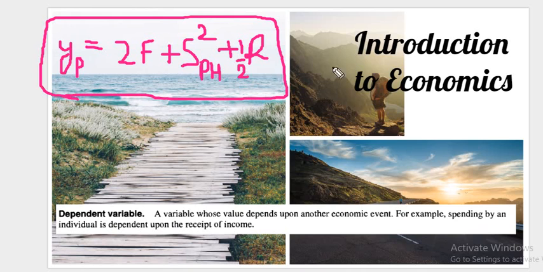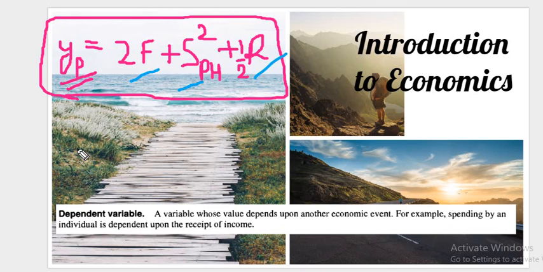Again, in this equation, Y is the dependent variable. A variable, let's read the definition, a variable whose value depends upon another economic event. So in this case, another economic event would be the amount of rainfall, the amount of fertilizers, the kind of soil fertility. For example, spending by an individual is dependent upon the receipt of income.